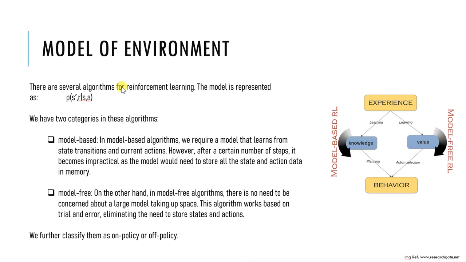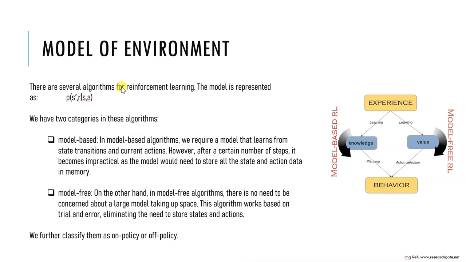Now let's understand model free reinforcement learning. In model free reinforcement learning, the agent does not have a complete understanding of the environment. That means I am in an environment I am interacting with, and I have no understanding of it. This means that the agent does not have a model of the environment that describes the transition dynamics, rewards and other aspects of the environment.